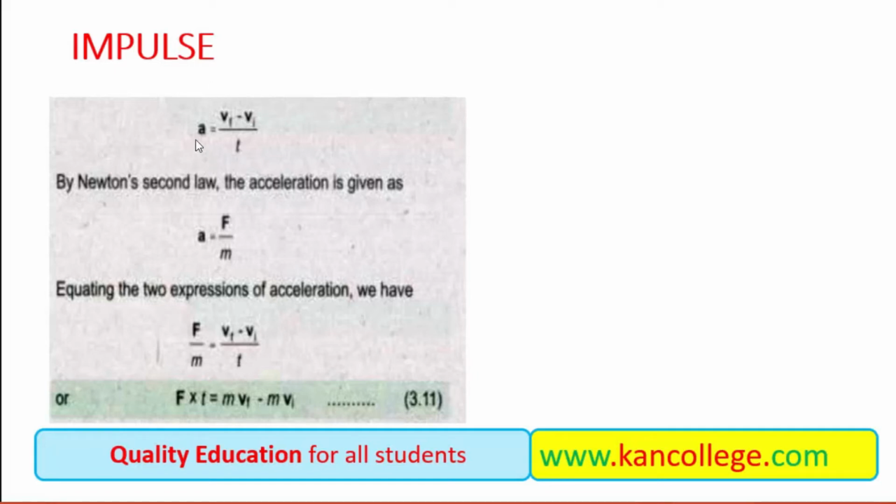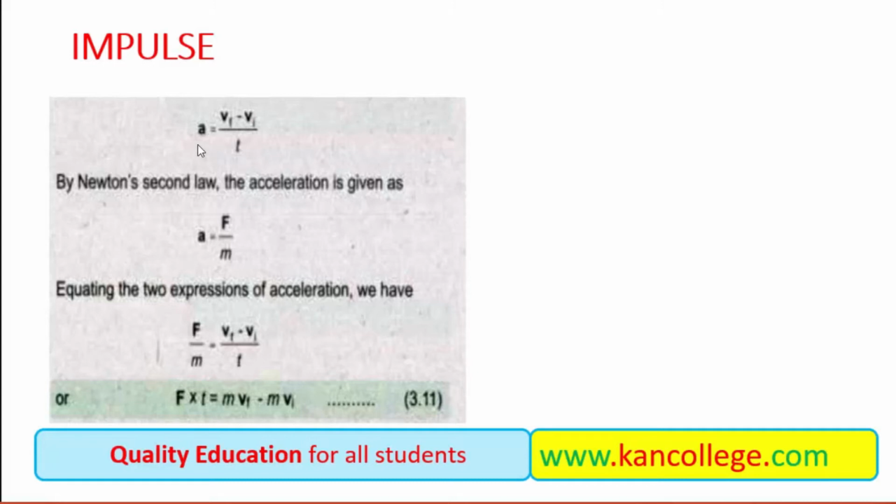We know that acceleration is the change in velocity per unit time, and also Newton's second law of motion gives the relationship that acceleration is equal to force over mass.